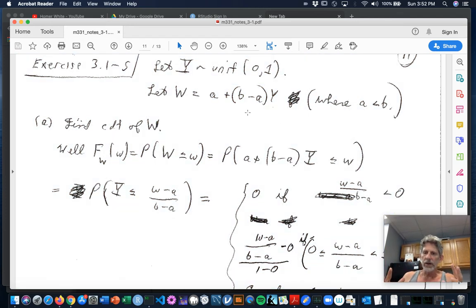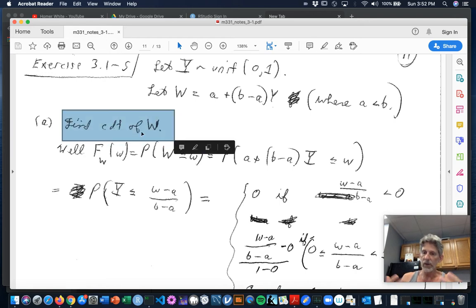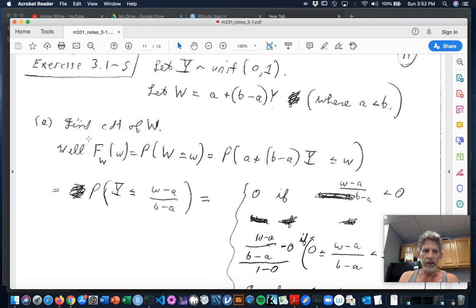So this linear function of Y, what kind of random variable is it? What's its distribution? To approach that, why don't we find the cumulative distribution function of W? So I'm looking for capital F of capital W at any possible value little w.